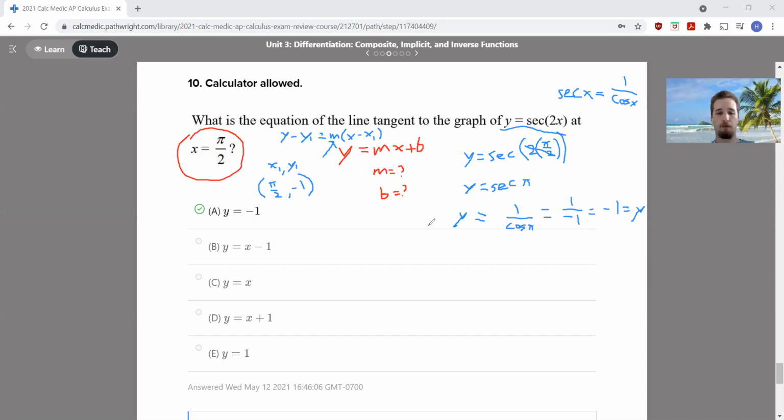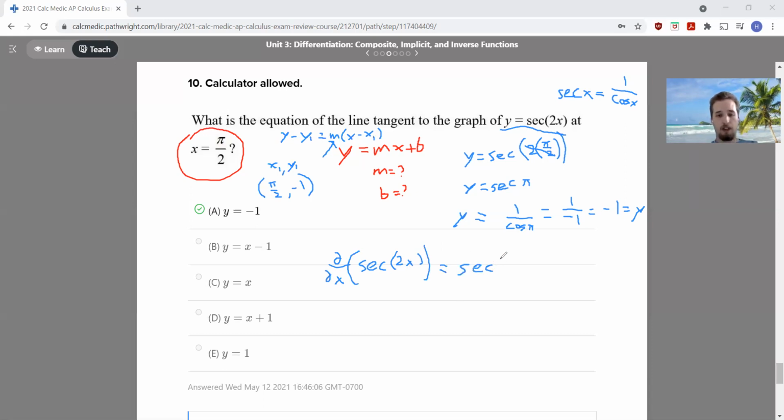All right, so the derivative of secant of 2x. Well, the derivative of secant, you need to know, is secant tangent.